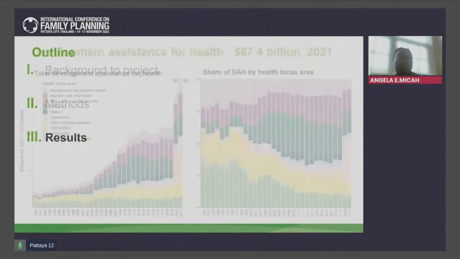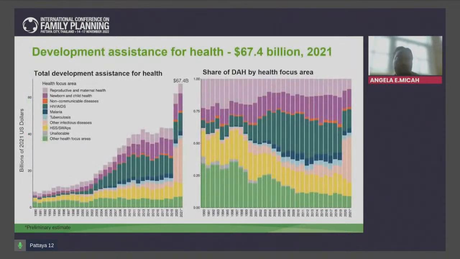Moving on to results, my first slide looks at how much has been spent in aggregate for development assistance for health overall. The figure to your left is the total annual contributions towards development assistance for health.